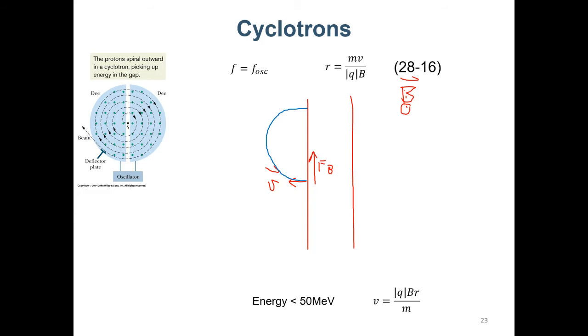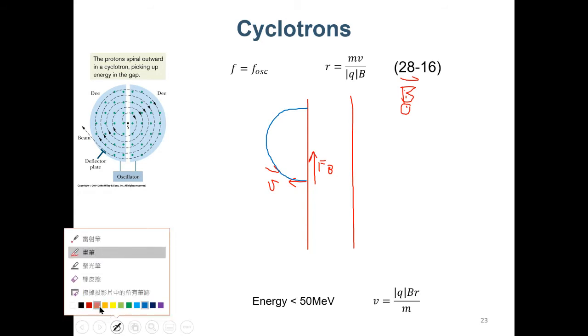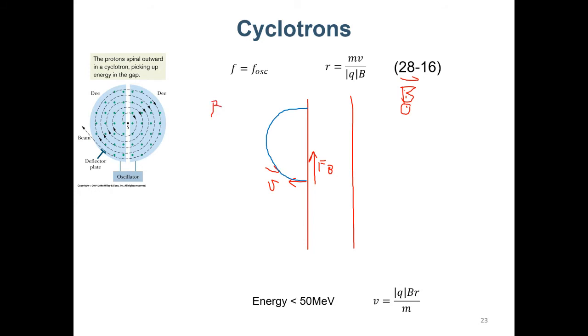So in this area and that area, we have B on this side and on that side. But in the middle, this is different. We have an alternating E field.